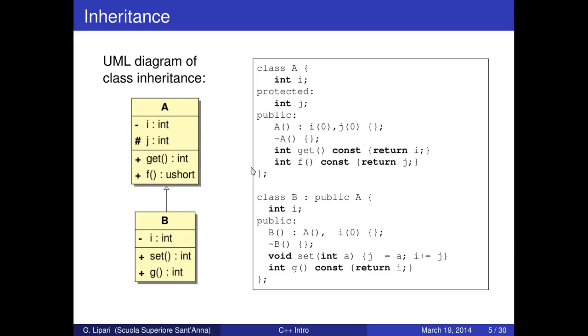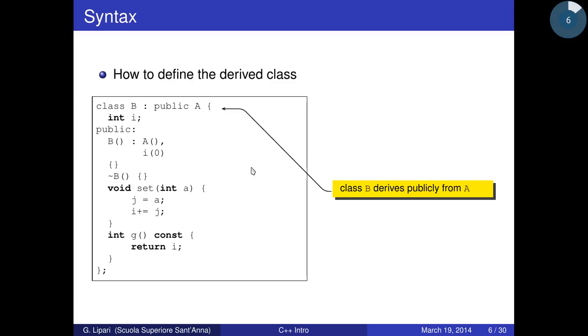In this case I'm saying that class A has a private integer data member I and a protected one, J, and two public functions, get and f. Class B is a more specialized version of A and has a private member I and two public functions, get and g.